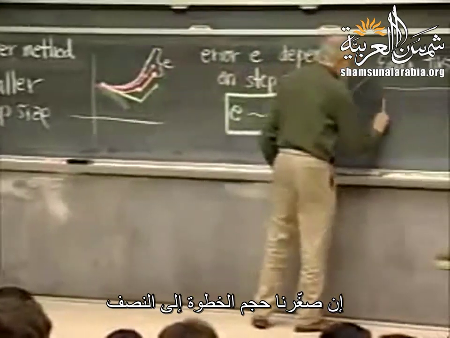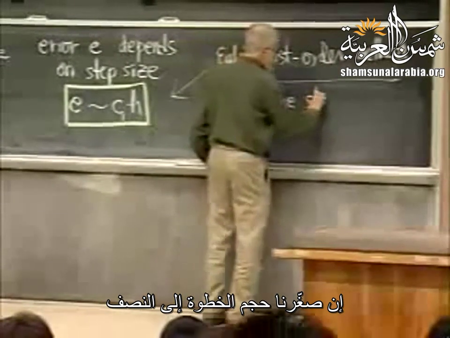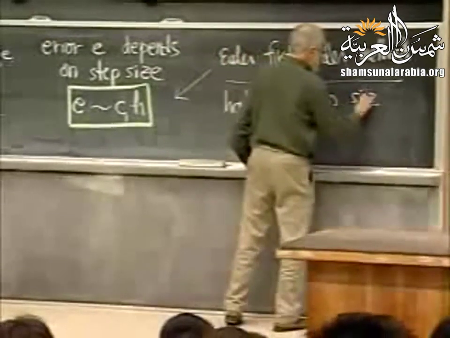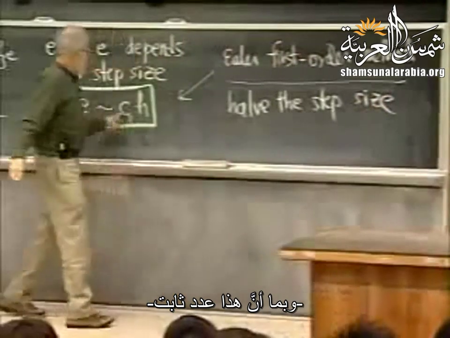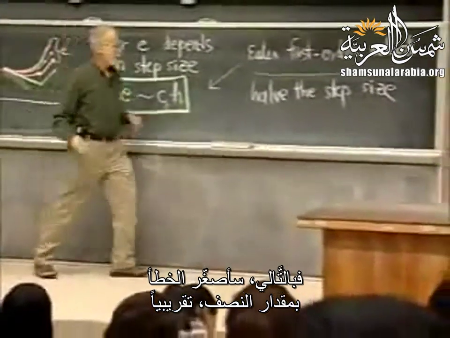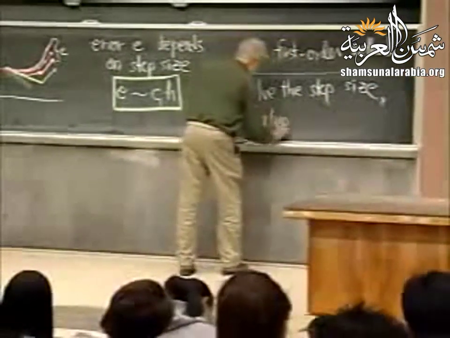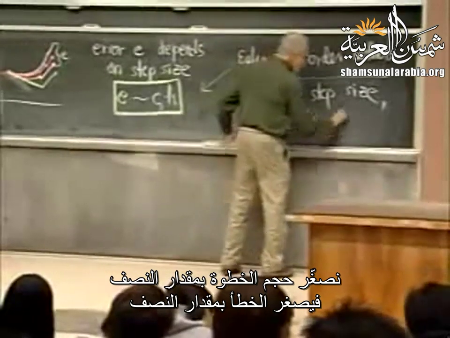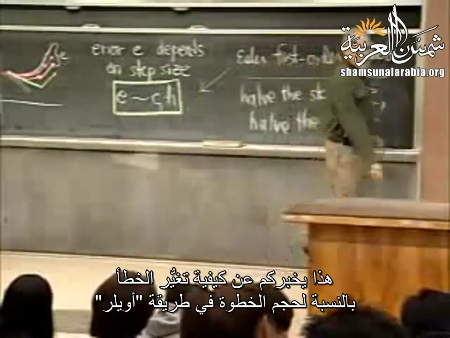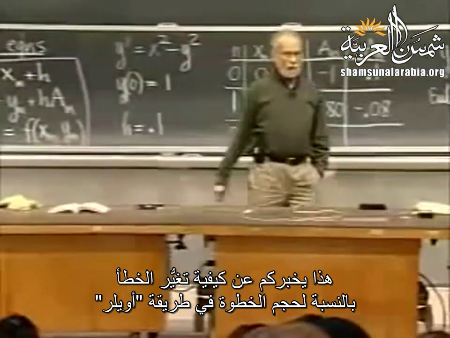If you halve the step size, since this is a constant, you halve the error, approximately. Halve the step size, halve the error. That tells you how the error varies with step size for Euler's method.